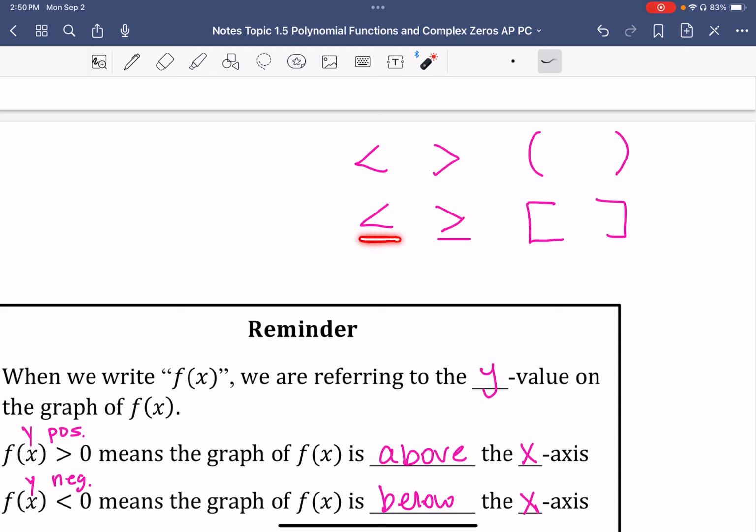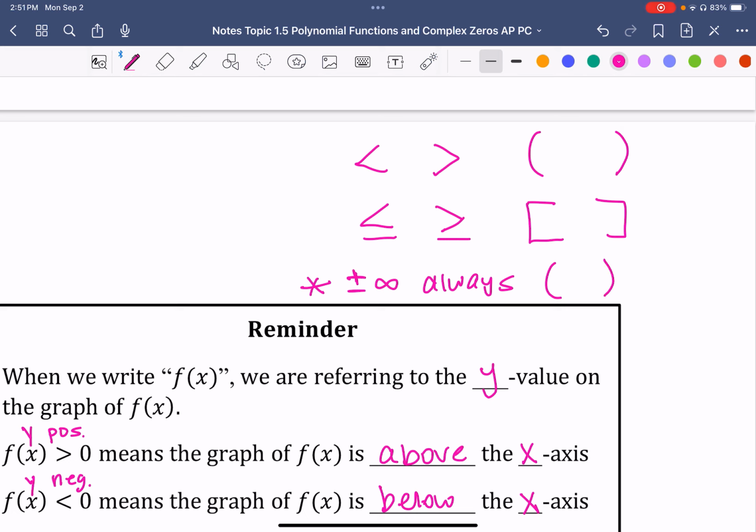You can remember that because you have this straight edge that kind of lines up with the straight edges on the brackets. And just as a reminder, if you have positive infinity or negative infinity on your interval, you are always going to use parentheses. So even if everything else uses closed brackets, if one of your intervals goes to positive or negative infinity, you need to put that infinity in parentheses.